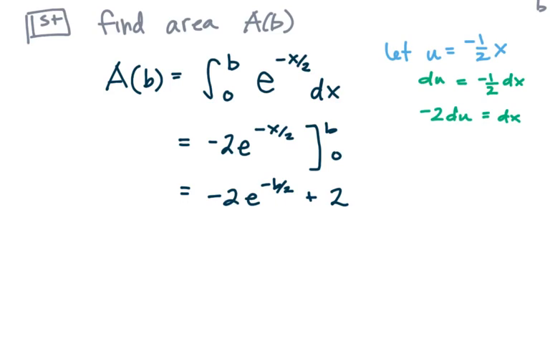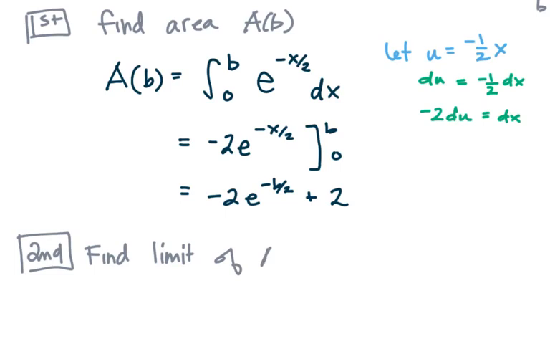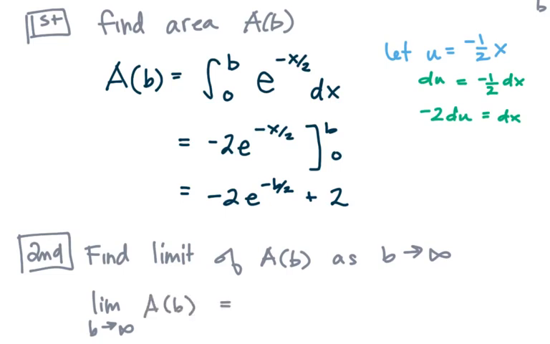Our next step, the second step, is we're going to find the limit of A(b) as that b value approaches positive infinity. So the limit as b approaches infinity of A(b) is the same as the limit as b approaches infinity of negative 2e to the negative b over 2 plus 2.